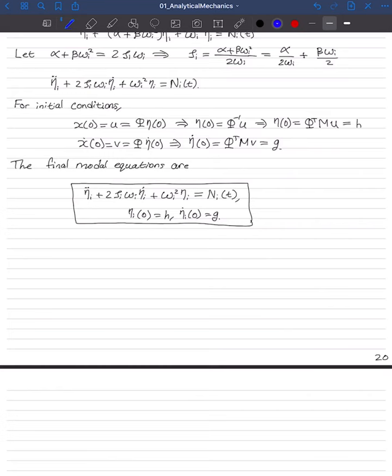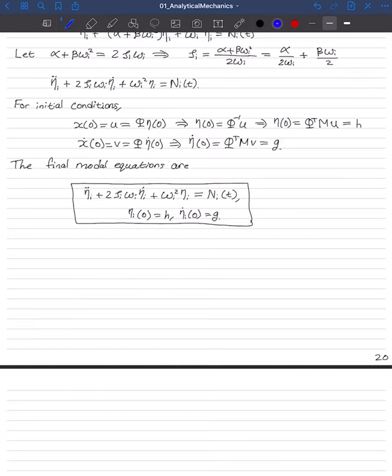One thing before we do that, what I want to note here is that we've recovered a single second order ODE that governs the response of the ith mode. So we've created essentially a harmonic oscillator for the mode. In other words, this is the modal oscillator.